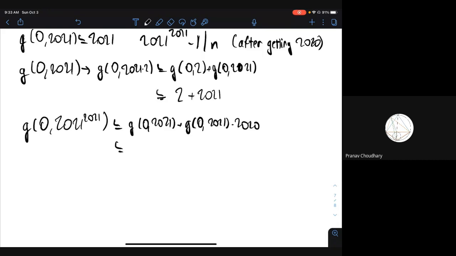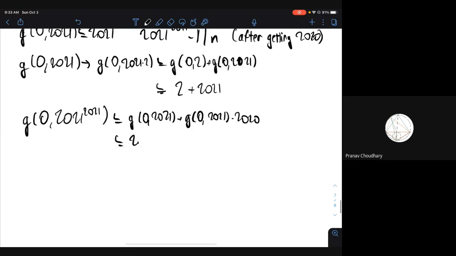Yeah. So first we multiply the exponent by 2021 each time. We have to do that 20 times to get from 2021 to the power of 1 to 2021 to the power of 2021. So this takes 2021 times g of 2021 steps.